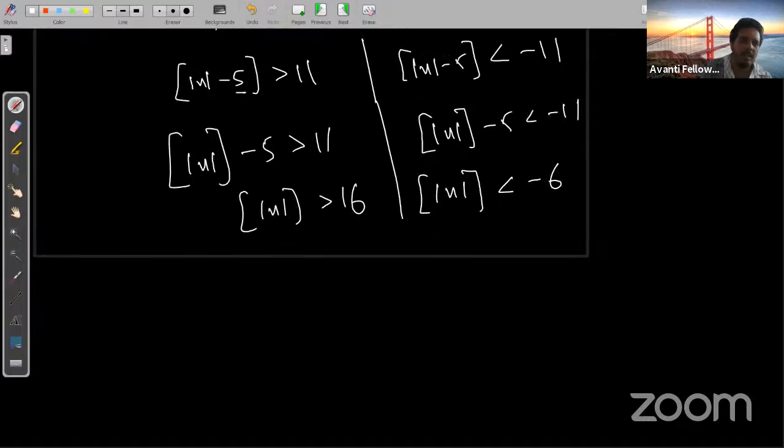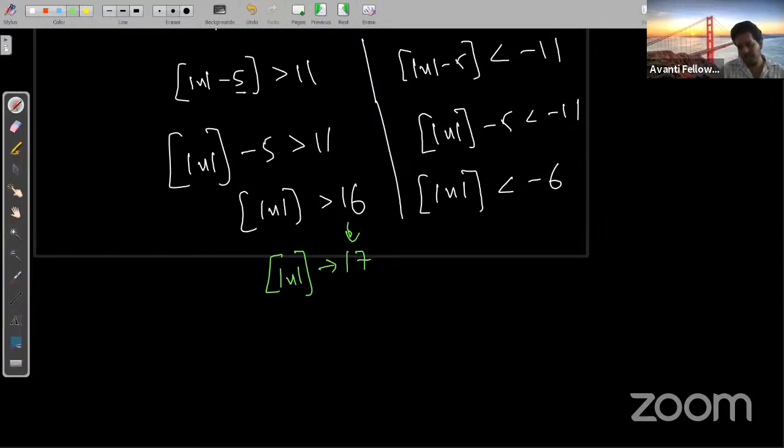Guys, now what I'm about to say is very important. If the greatest integer function should be greater than 16, what is the nearest integer value? 17, right? When can you get 17?